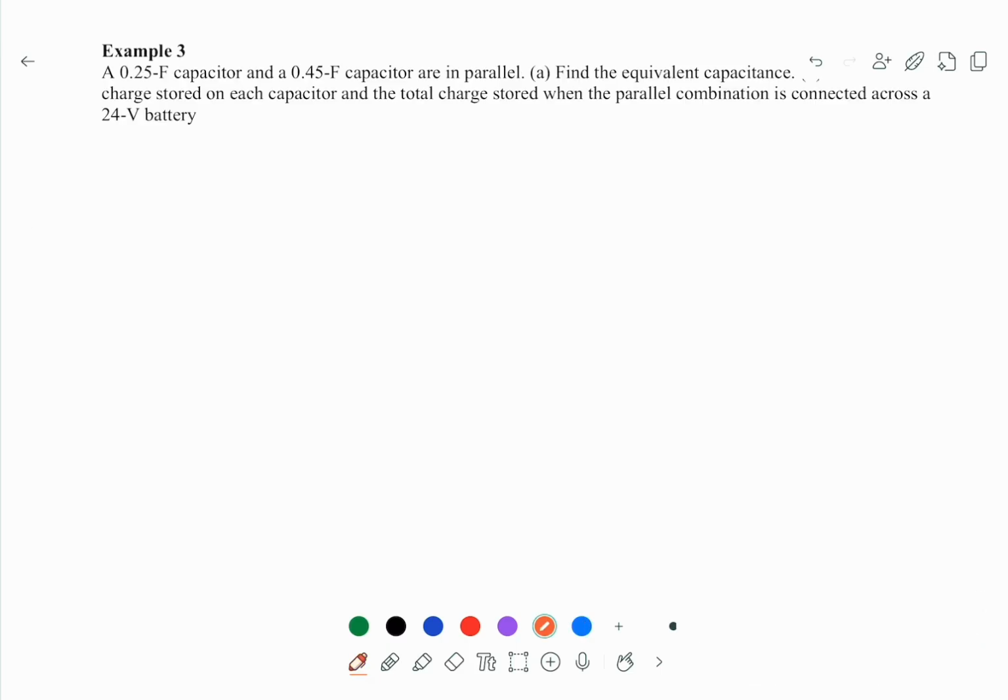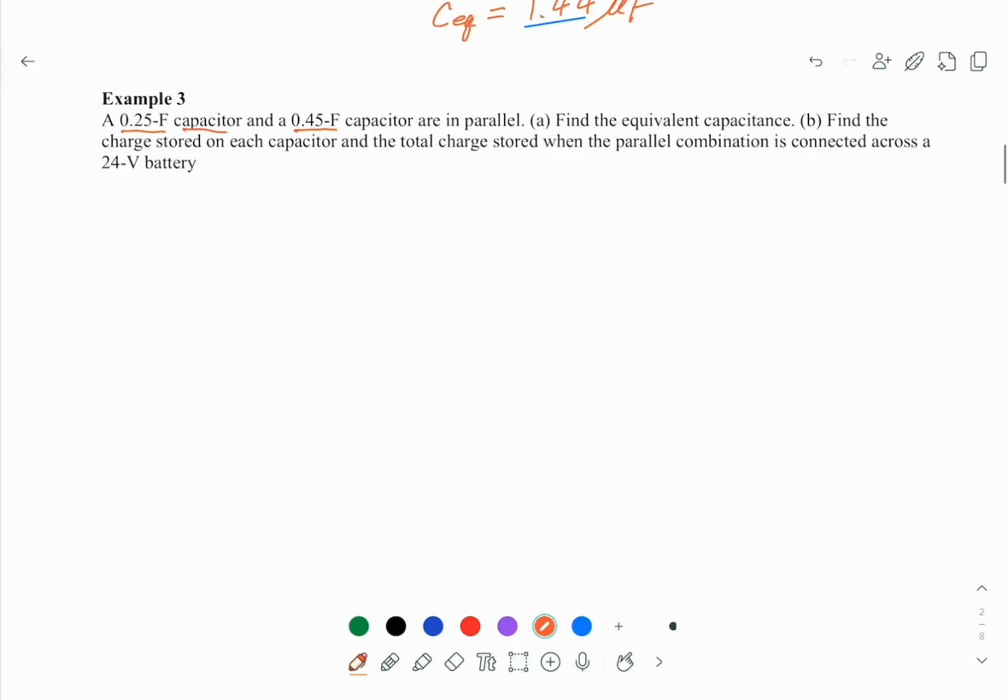Number 3, there's a 0.25 Farad capacitor and a 0.45 Farad capacitor in parallel. A. Find the equivalent capacitance.